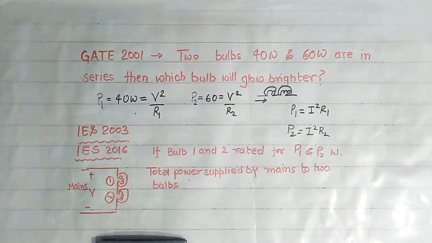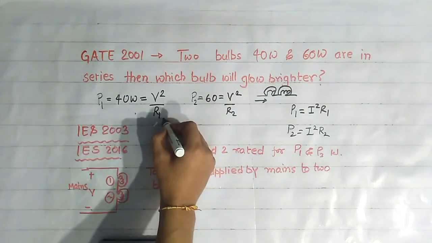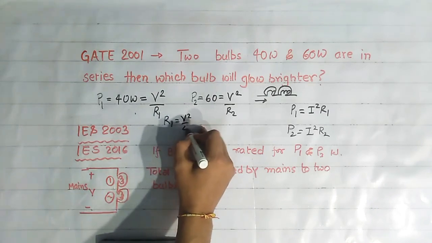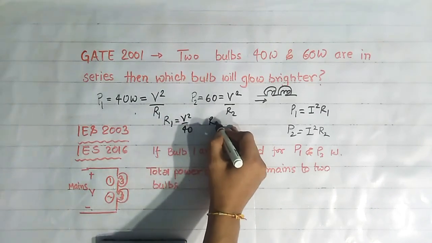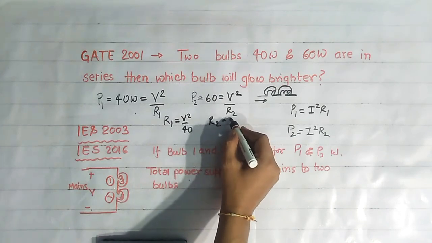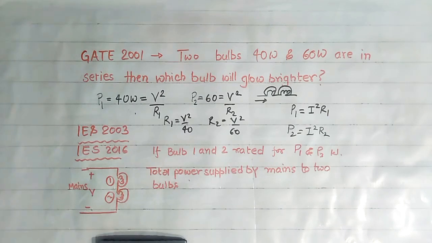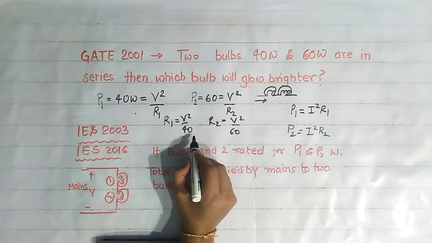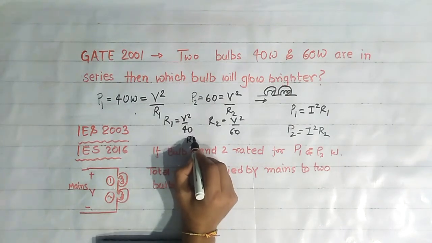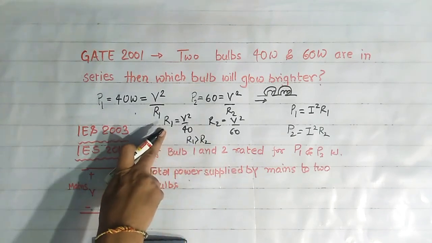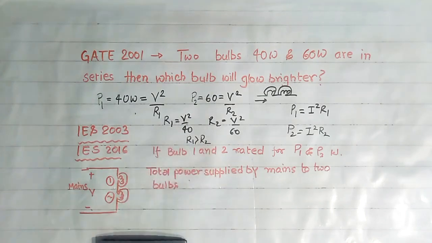Okay, and here we can see that R1 is equals to V square by 40, and R2 is equals to V square by 60. On comparing, we see that R1 is greater than R2. From this we can clearly say that R1 is greater than R2.